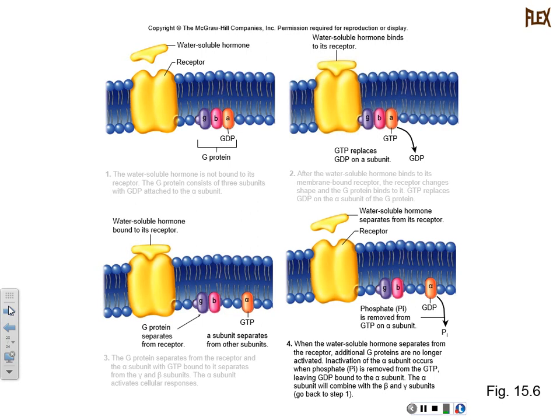when the hormone dissociates, okay, then the GTP is replaced with the GDP, okay, and then you release the inorganic phosphate from the GTP, and then once this is attached to GDP, it rebinds to the beta and gamma subunits, and then it waits, okay.